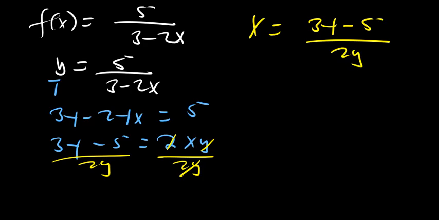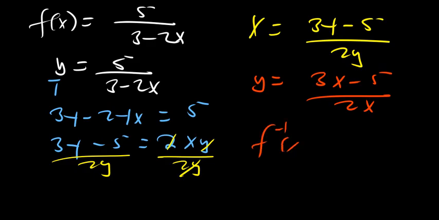So now from here you will just interchange them. Where there is x, put y. Where there is y, put x. When you reach this point, then you just say the inverse of f of x is equal to (3x minus 5) divided by 2x.